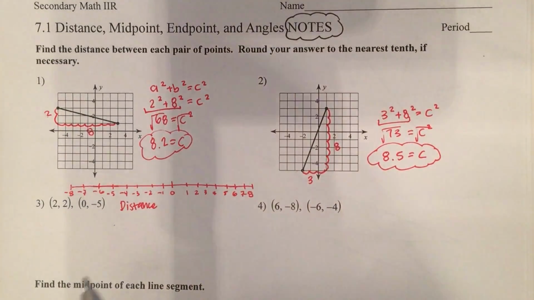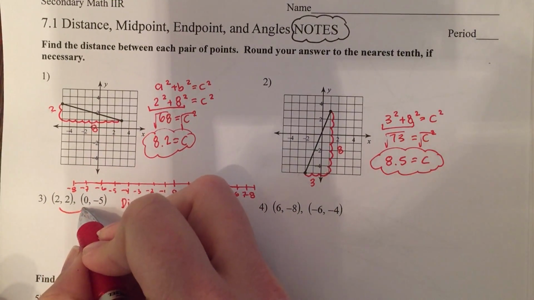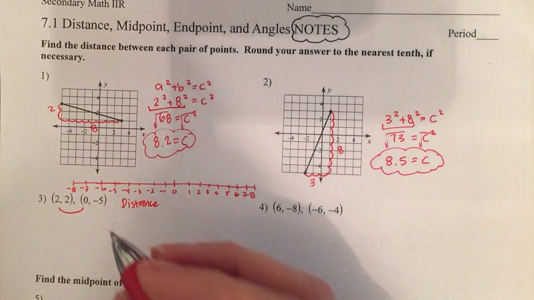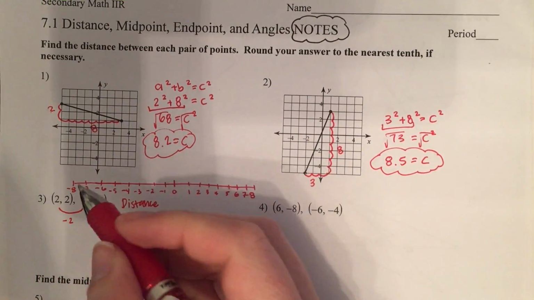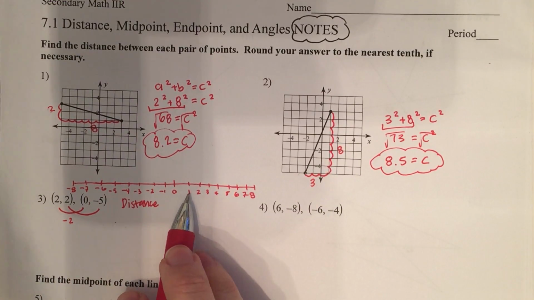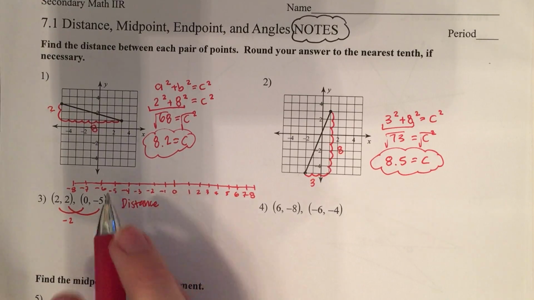Okay, so here's my number line. If I want the distance from 2 to 0, I'd have to go left 2, so that'd be minus 2. In order to get 2 to go to negative 5, I'd have to go 1, 2, 3, 4, 5, 6, 7 backwards.